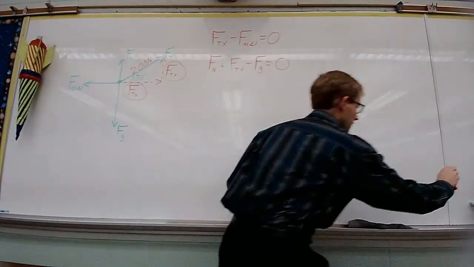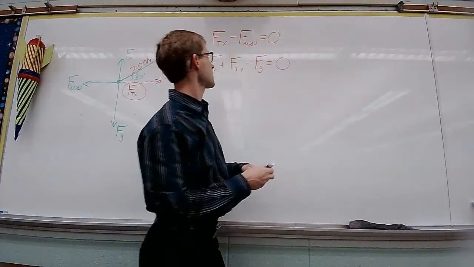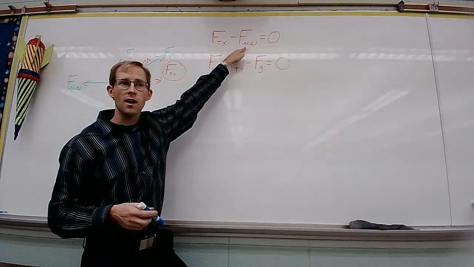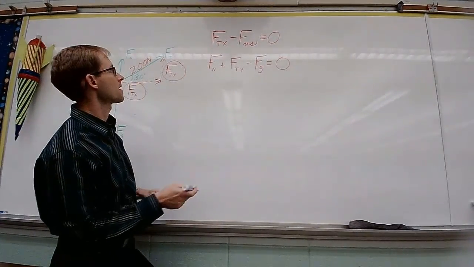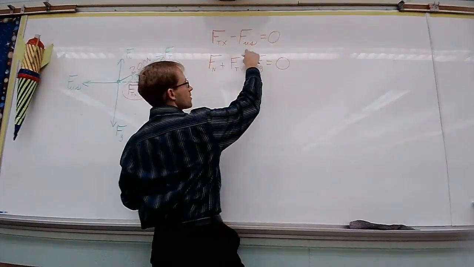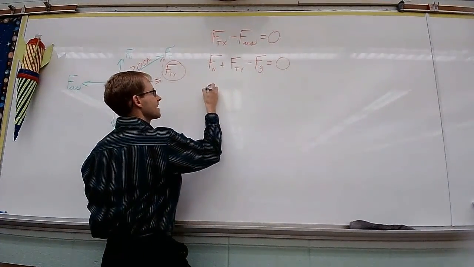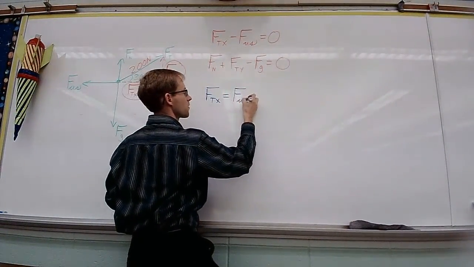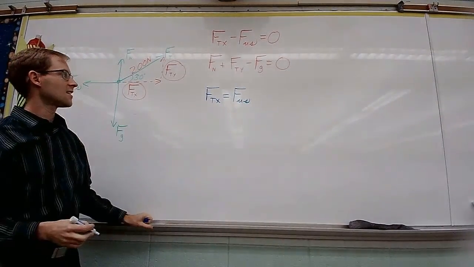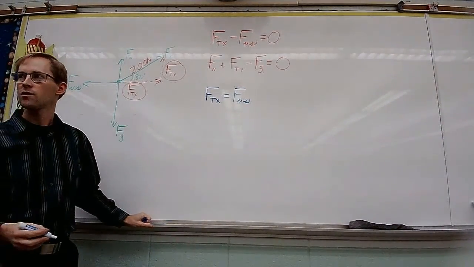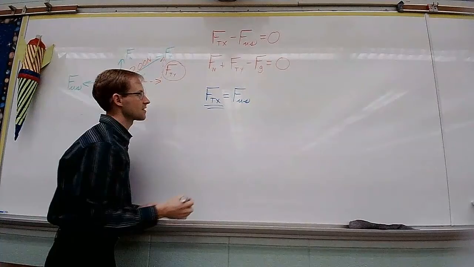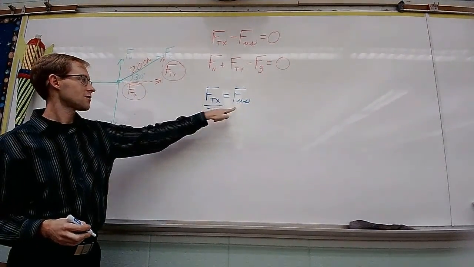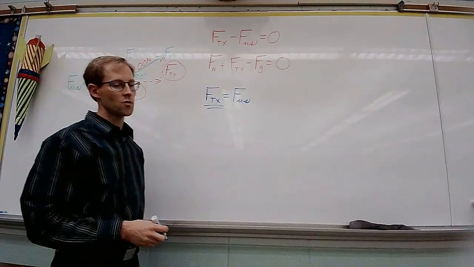So if I want to figure out my force of static friction, all I got to do is isolate it in my force equation up here. If I toss it to the other side, Ftx is equal to force of static friction. In other words, if I can find this, I automatically know my force of static friction. And we just calculated that. That was 173.